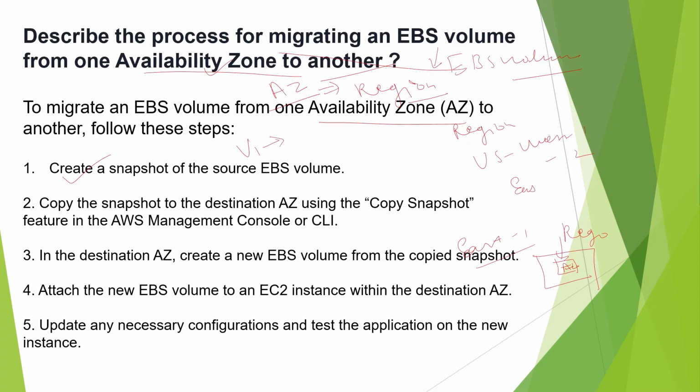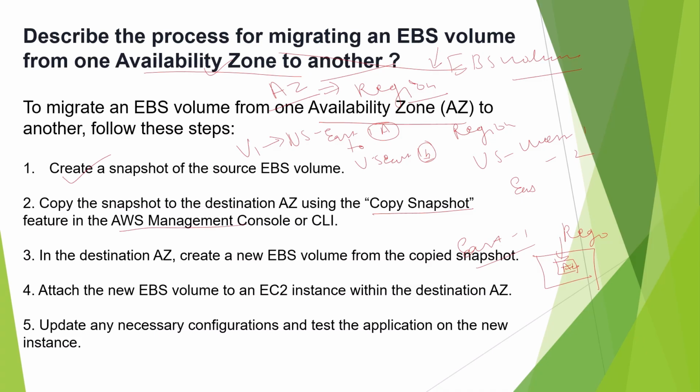You want to migrate from US East 1A to US East 1B. These are the AZs. Copy the snapshot to the destination using the copy snapshot feature, which is available in the AWS Management Console.